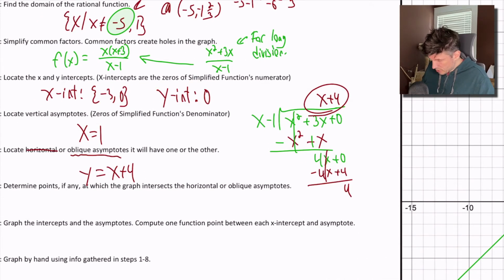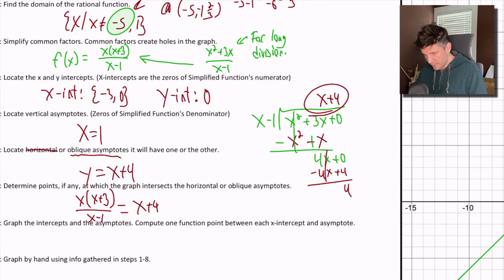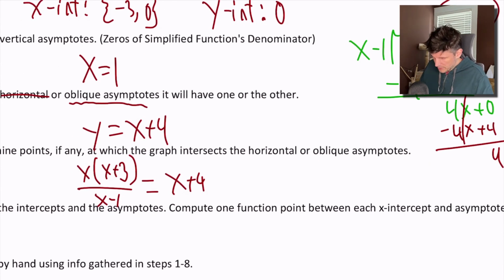So the simplified function is x times x plus 3 over x minus 1 equals, and then x plus 4. We're going to set this equal to that to see if they intersect. If you ever want to see if two graphs intersect, you set them equal to each other, right? So there you go. And you'd multiply both sides by x minus 1.